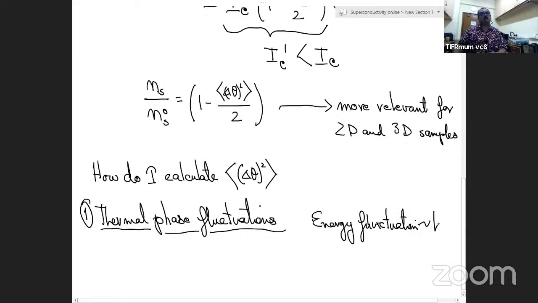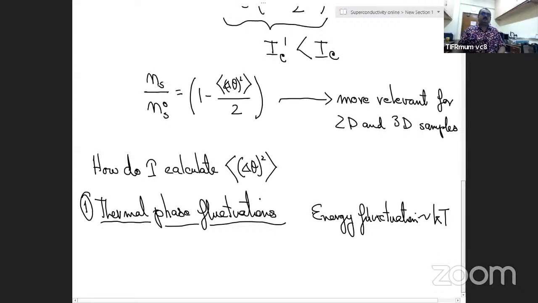But the question is, I have to know which energy scale I will equate to kT. So for that, first let's calculate what is the energy stored in a Josephson junction in the weak link.